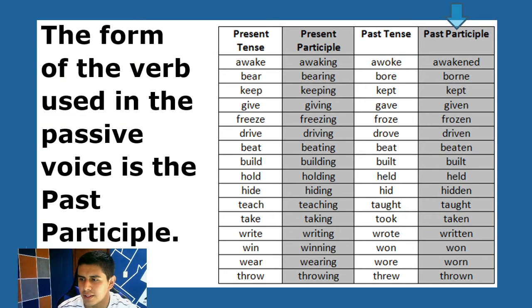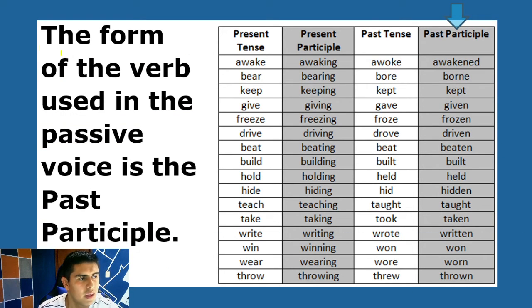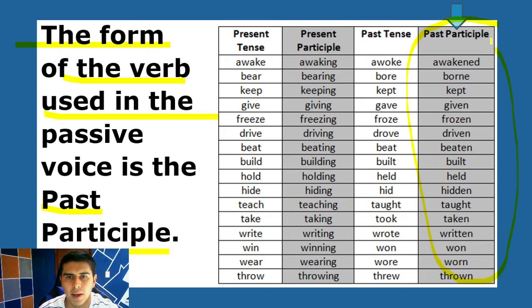So now we need a list. So the form of the verb be used in the passive voice is the past participle. Esta es la forma que usamos en la voz pasiva, which is past participle. Normalmente en el caso de algunos verbos, por ejemplo, verbos como teach, take, write, que no son verbos regulares, de hecho, ninguno de los que está aquí lo son, hay que aprenderse la forma uno por uno.